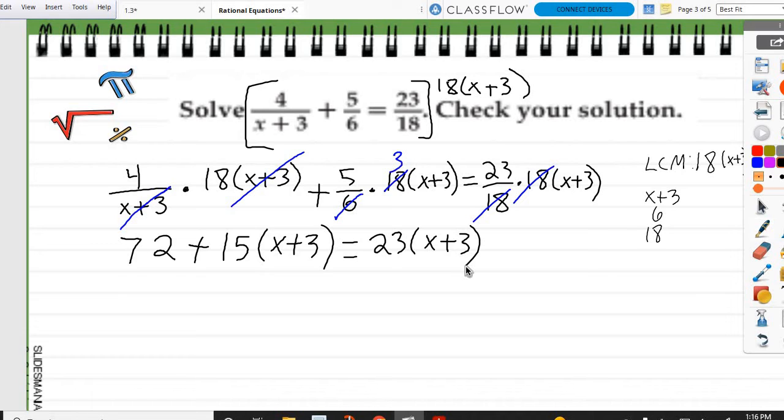And then from there, we're just going to solve. So what's our first step? To distribute. So we have 15x plus 15 times 3 gives us 45. And then we have 23x, and 23 times 3 gives us 69.